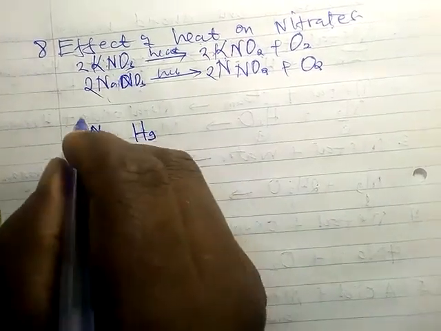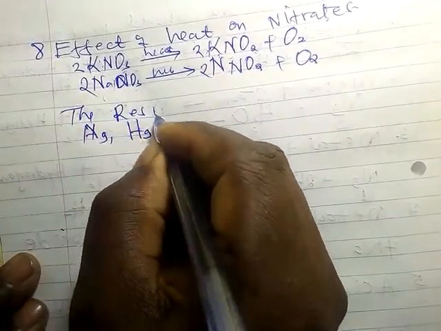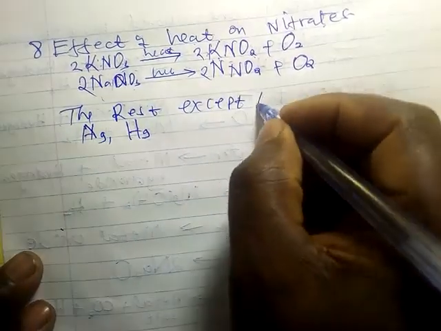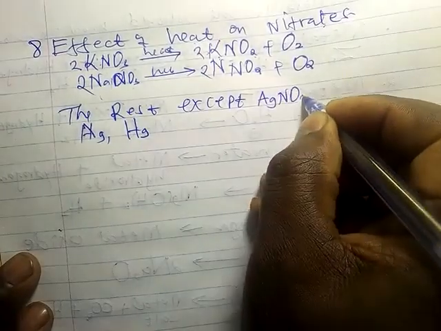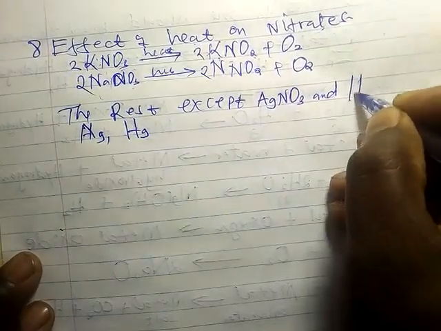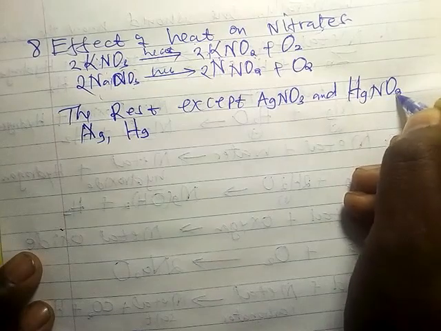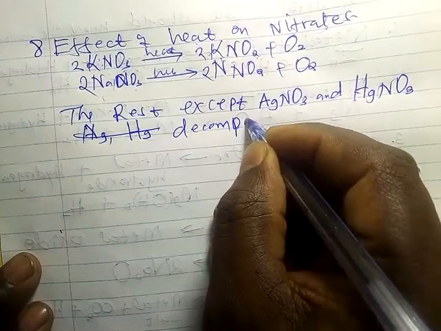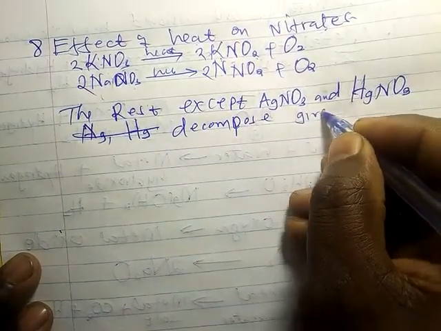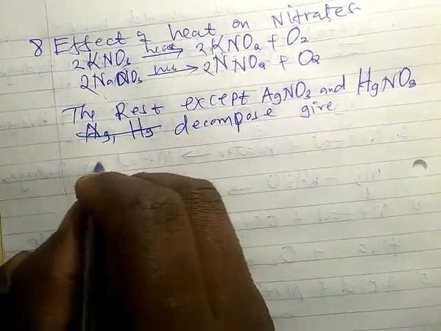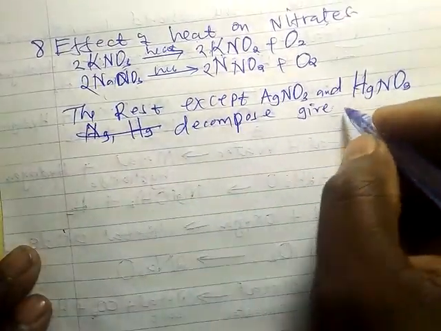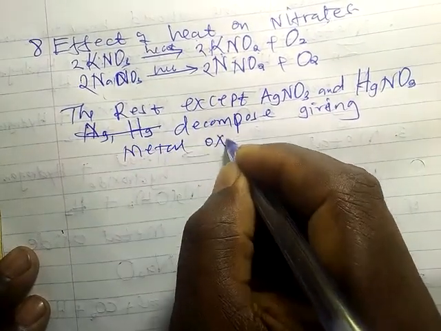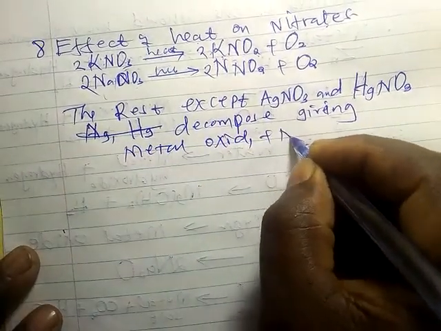Let me write that the rest, except silver nitrate and mercury nitrate, decompose, giving the metal oxide plus nitrogen 4 oxide plus oxygen.